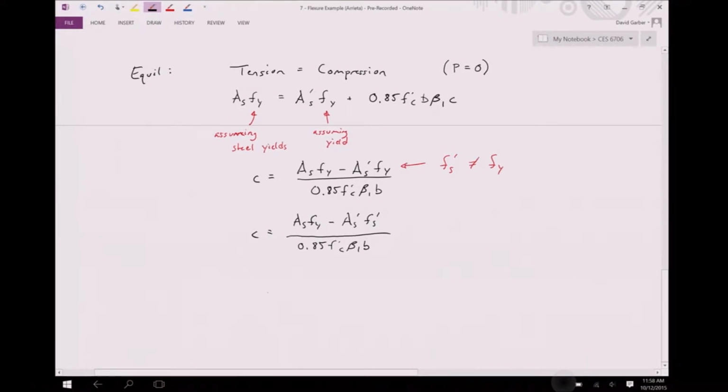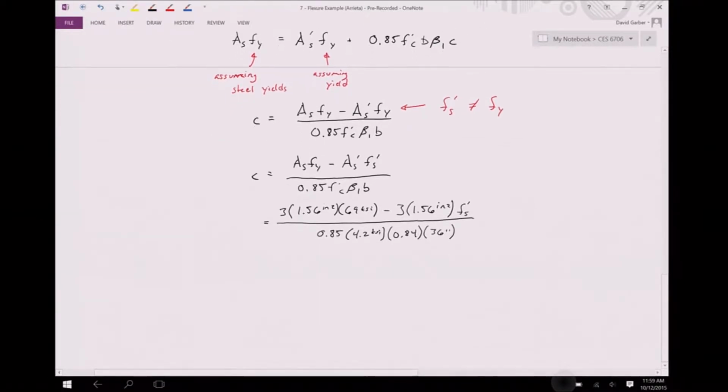So if I plug in some values here, we had 3 number 11 bars times 69 ksi minus 3 number 11 bars times fs'. And this is all over 0.85 times 4.2 times 0.84, which is our beta, times 36 inches, which is our width.